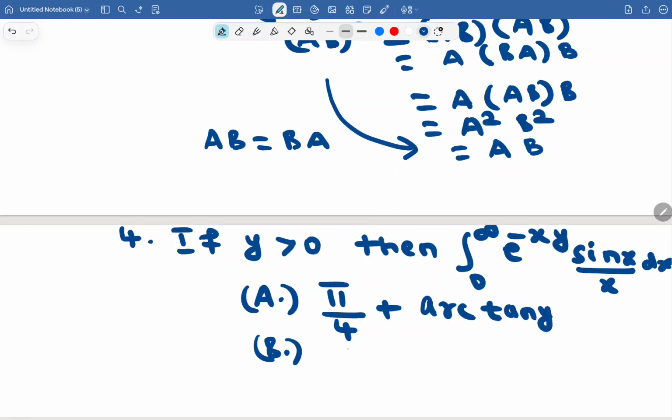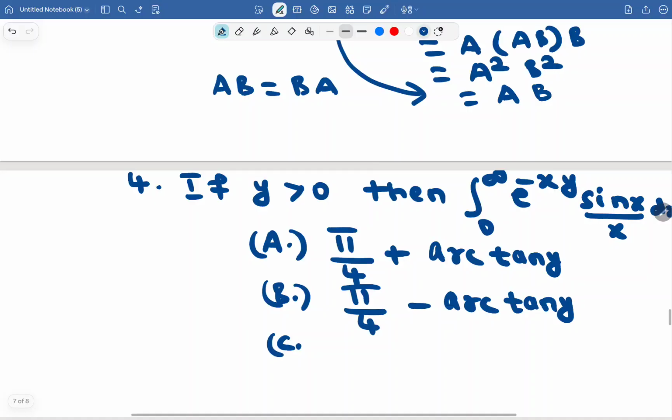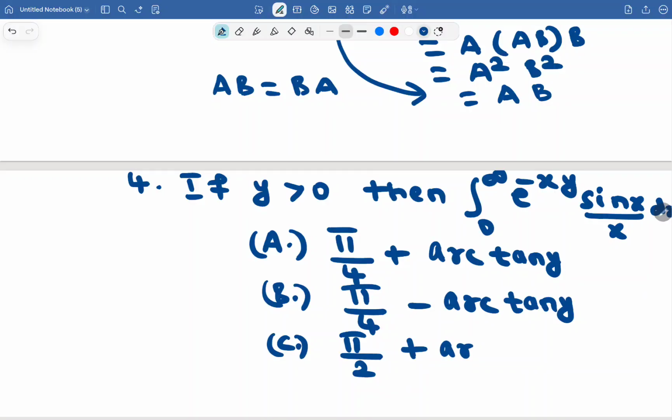Option B, pi by 4 minus arc tan y. Option C, pi by 2 plus arc tan y.